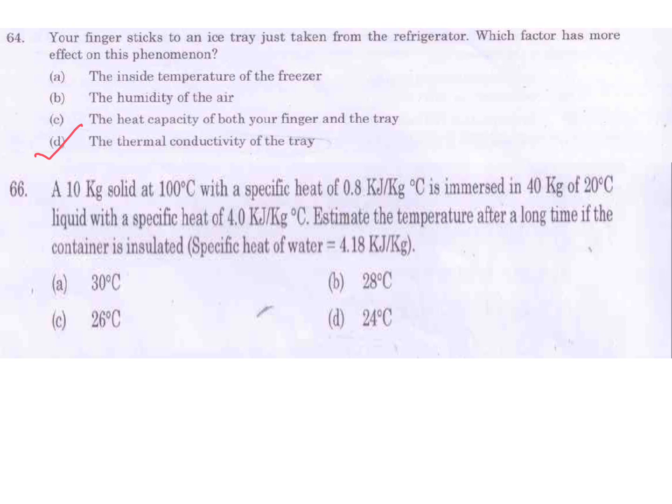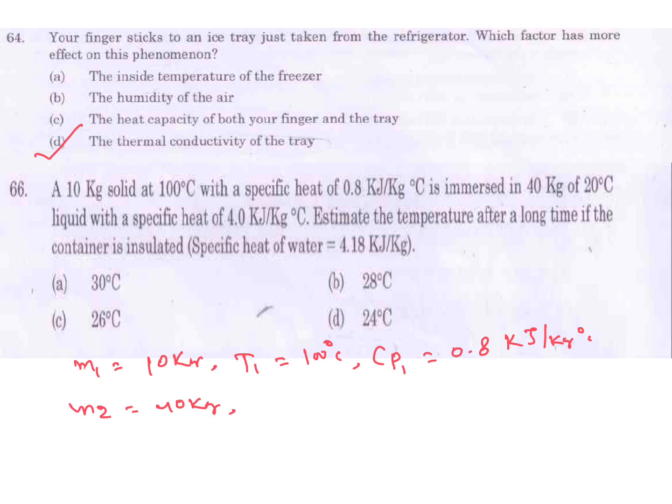Here the data given are: M1 is 10 kg, temperature 100 degrees Celsius, specific heat 0.8 kJ per kg degree Celsius, immersed in 40 kg M2, T2 is 20 degrees Celsius, specific heat Cp2 is 4.0 kJ per kg degree Celsius.